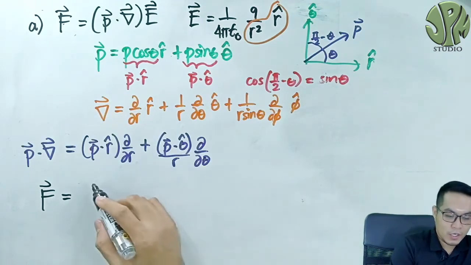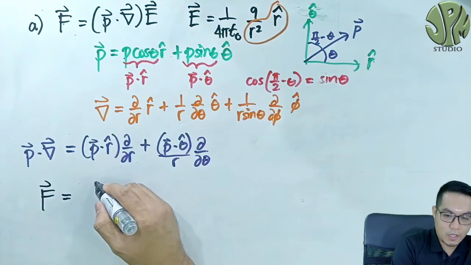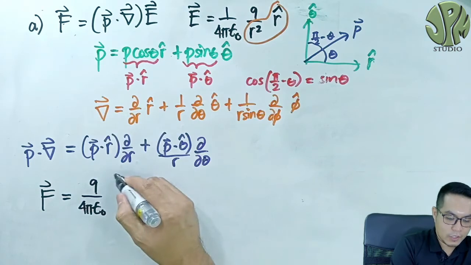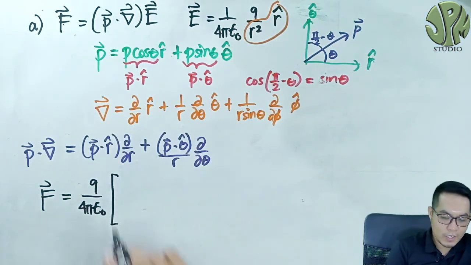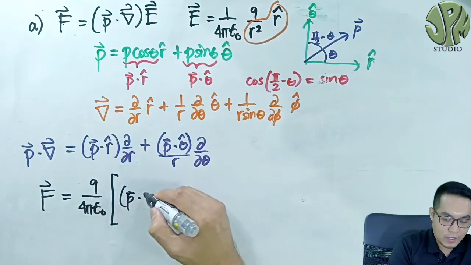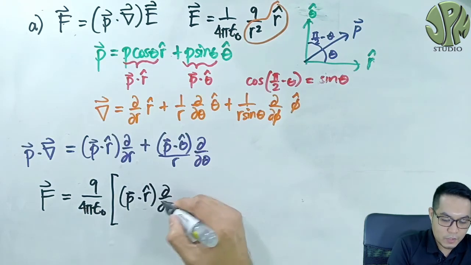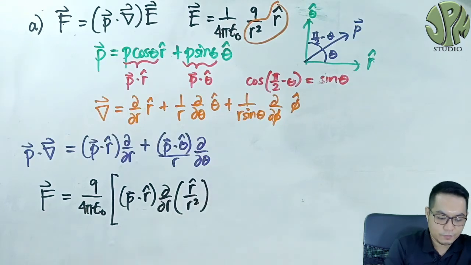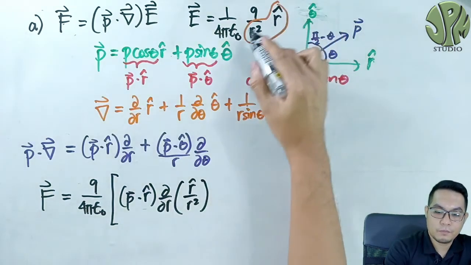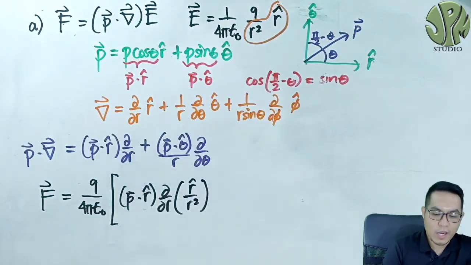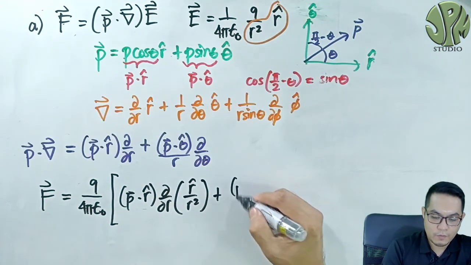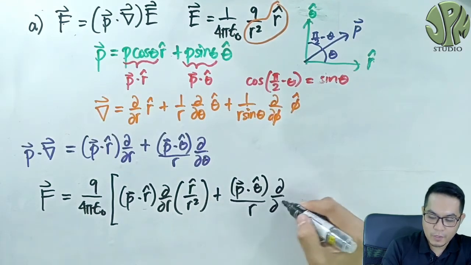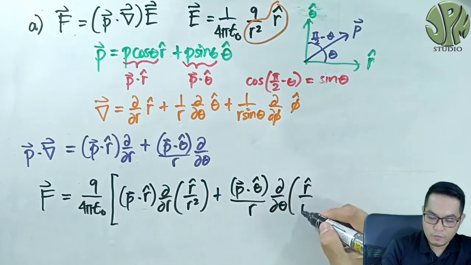So if we take out all the constants, you will have q over 4 pi epsilon naught, the common term for all, and then p dot r hat, partial with respect to r, of r hat over r squared, where the operator acts, plus p dot theta hat over r, partial with respect to theta, of r hat over r squared.